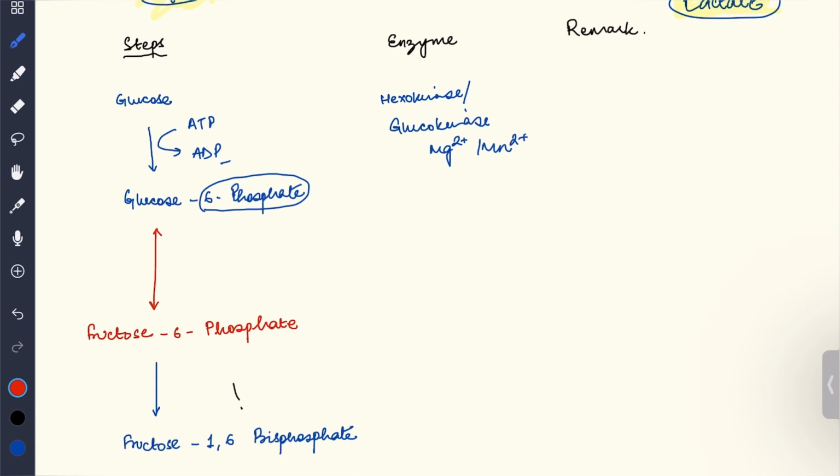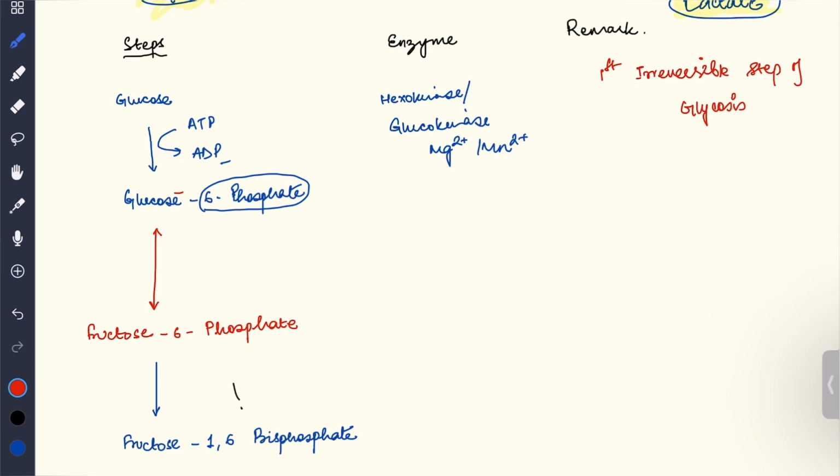This is an irreversible step. From glucose 6 phosphate you can't form glucose. So it is the first irreversible step of glycolysis. There are three irreversible steps and all others are reversible.